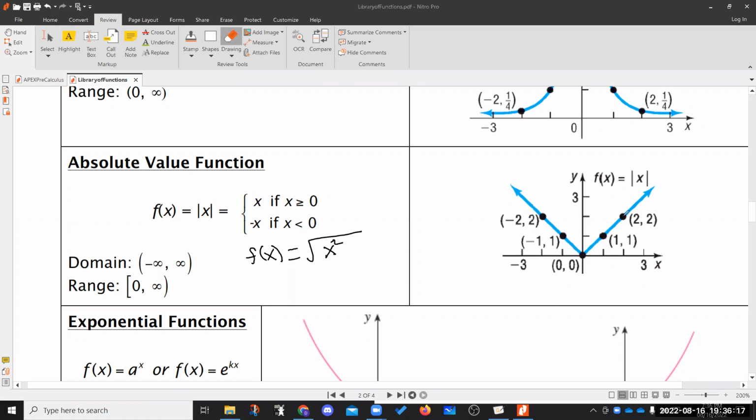And it's going to be this V-shaped function that looks like two lines, where this side over here is the line y equals x for x greater than or equal to 0. And this is y equals negative x for x values that are less than 0. It is an even function. Notice that it has y-axis symmetry.